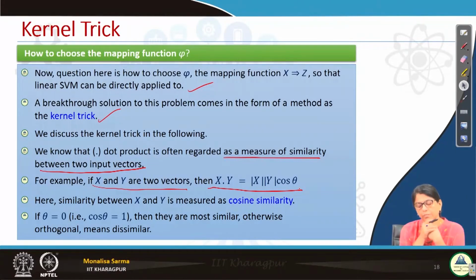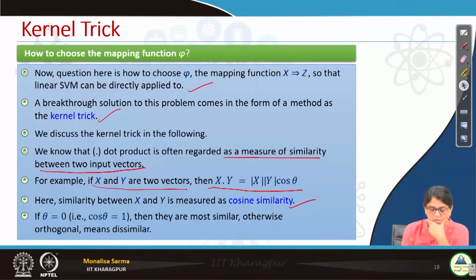How do we find the angle? From this expression, we can find the angle. What is cos theta? Cos theta is x dot y divided by the magnitude of x times the magnitude of y. Theta will then be the cos inverse of that. So, similarity between x and y is measured as cosine similarity.